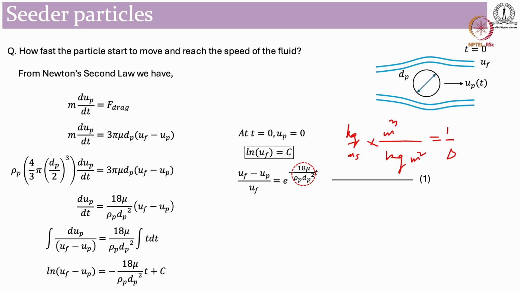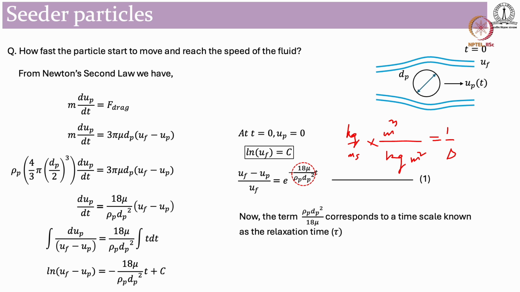So if you name this equation as 1, this term sitting here is basically nothing but 1 by t, and this is the relaxation time which we are talking about. This term corresponds to a time scale known as the relaxation time, and we name it as tau.